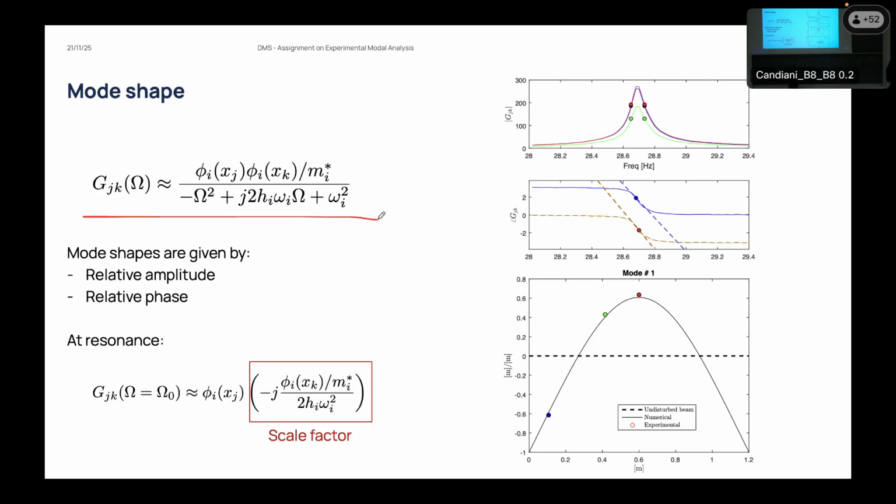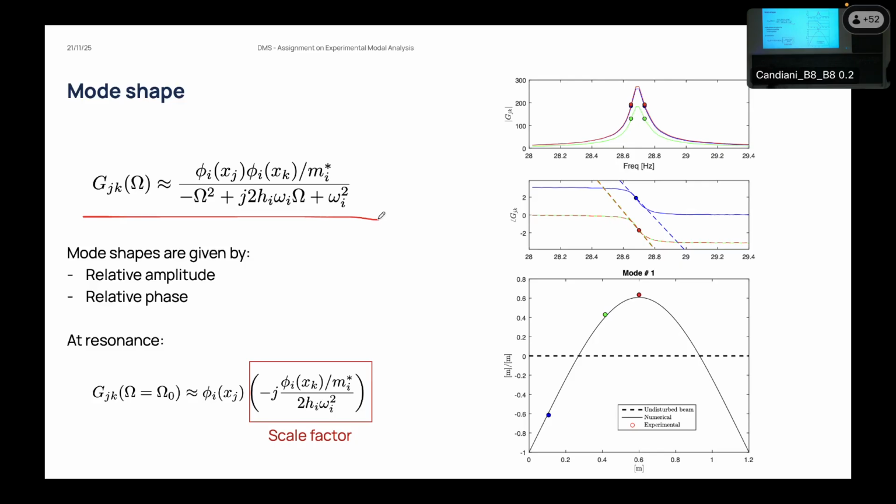The coefficient you have here in red will be exactly the same coefficient you will have if you consider G2k, minus, then you will have the same coefficient here, and then you will have j.